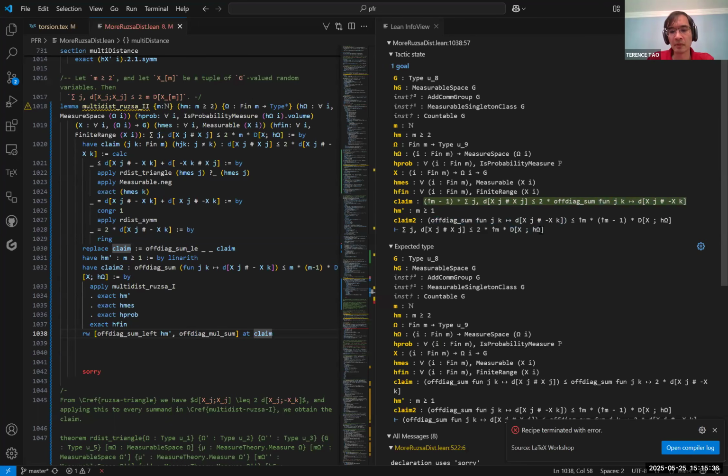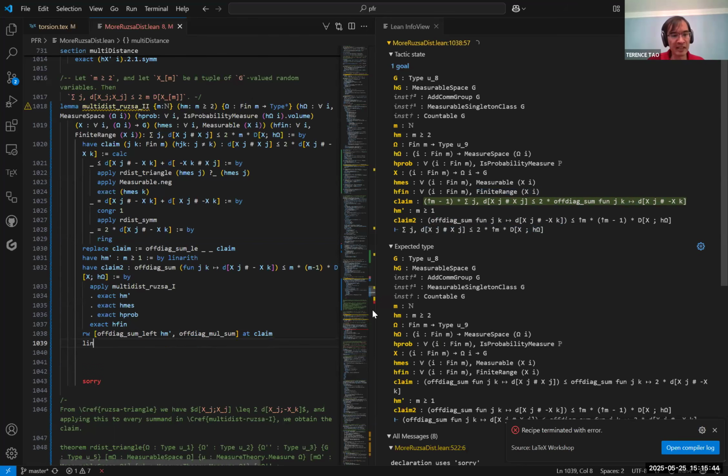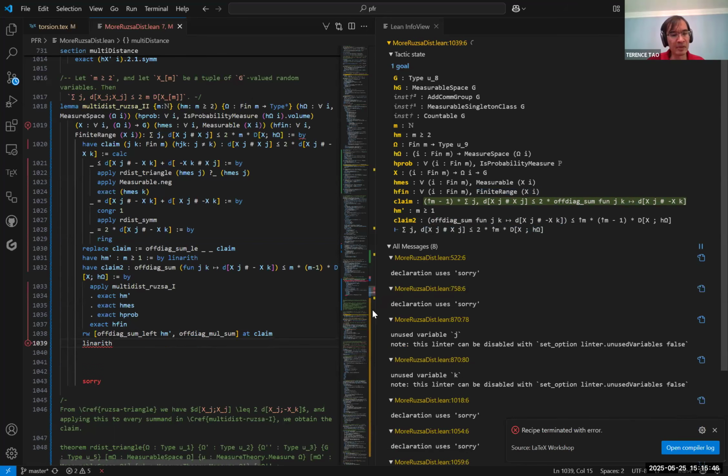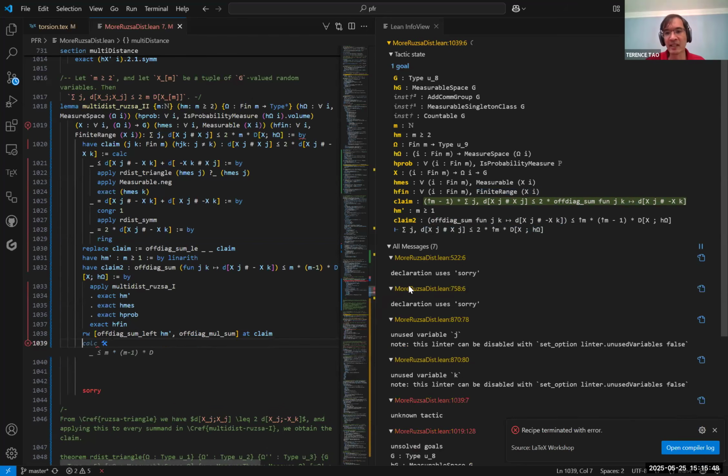So this and this need to combine to give me this. So this can be done. Okay, if I'm really lucky, I'll be able to. Okay, no, I wasn't quite that lucky. Okay, so this I think I can do by a calc block.